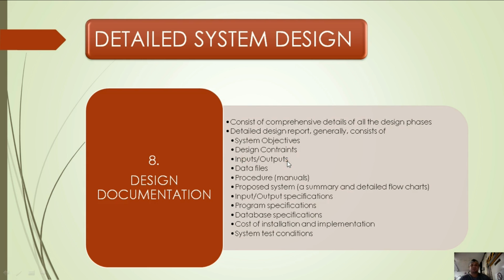And we need the data files of the inputs and outputs. And for the user, we need a manual so that, for example, if they forget how it is done, they can read the manual. All the specifications of the program and database should be stated also.